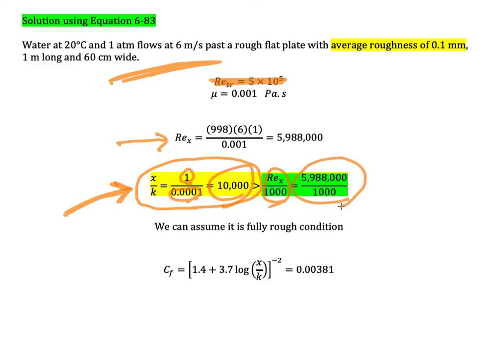Because the Reynolds number is 5.988 times 10 to the 6, this gives us almost 6,000. So 10,000 is greater than 6,000, and we can assume this is a fully rough condition. For this situation, we can calculate the value of CF by using this equation. We get CF equal to 0.00381.